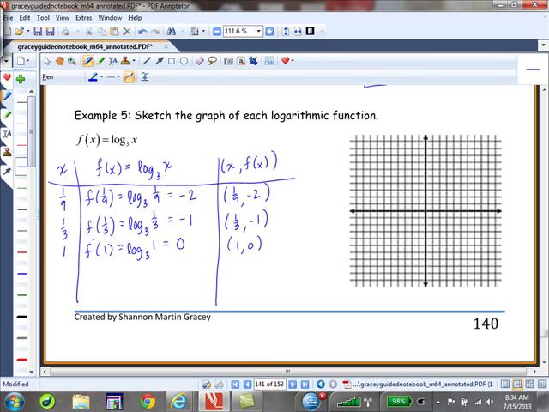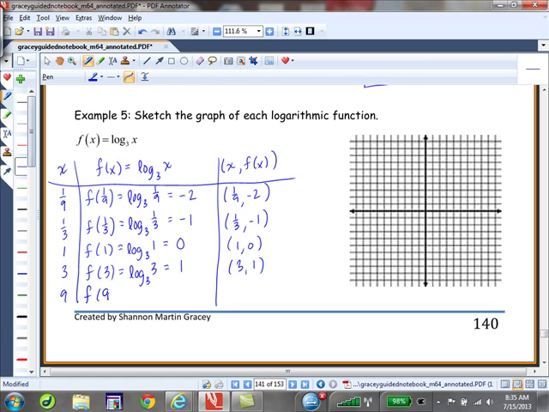And then 3: f at 3 equals log base 3 of 3, the power to which we raise 3 to get 3, which is 1. So we'll get 3, 1. And lastly we can do 9.